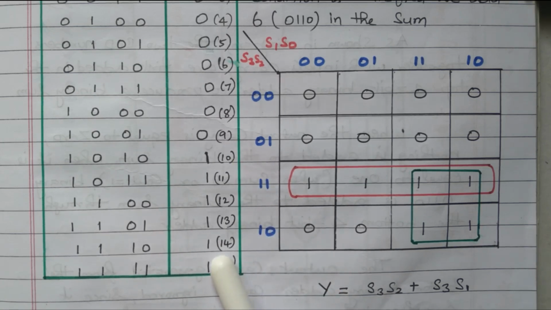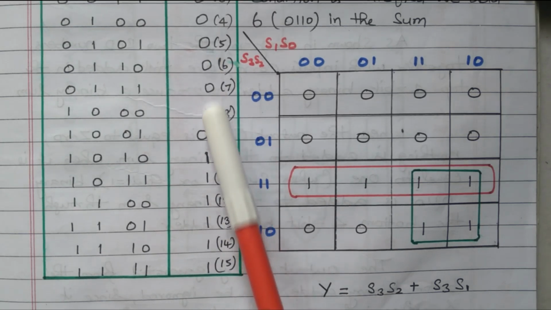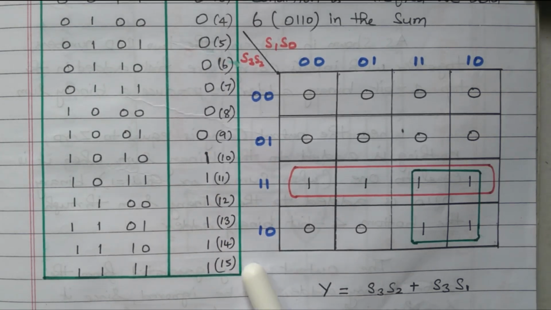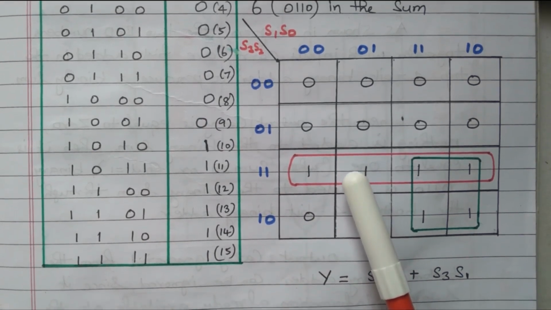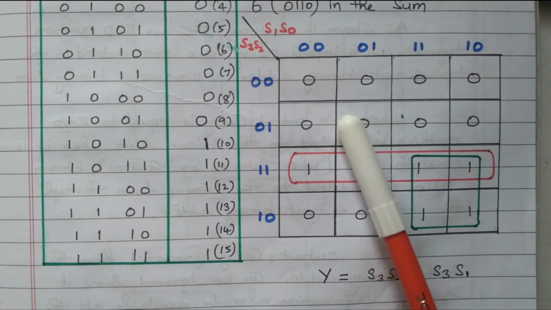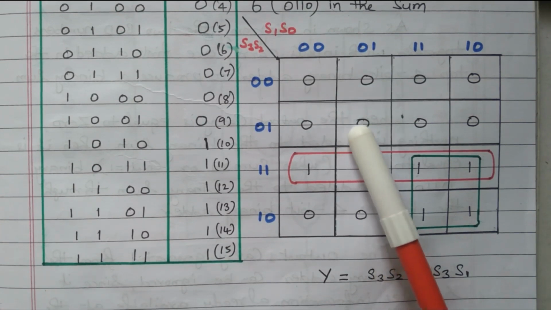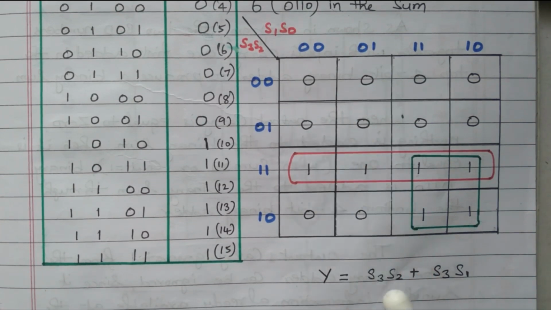Now from this truth table, we need to develop the Boolean expression for the output y in order to implement it with logic gates, right. For that, the Karnaugh map technique can be used to find the expression for the output y.